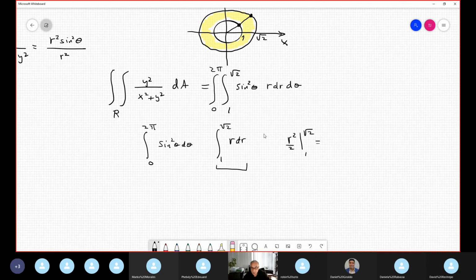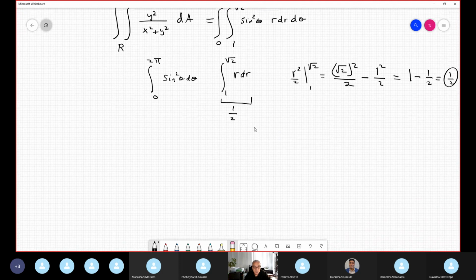This is radical 2 squared divided by 2 minus 1 squared over 2. This is 1, and this is 1/2. And the answer is 1/2, at least this part.